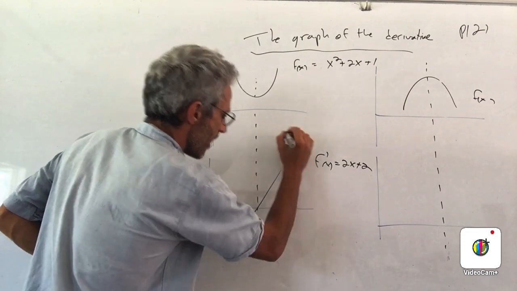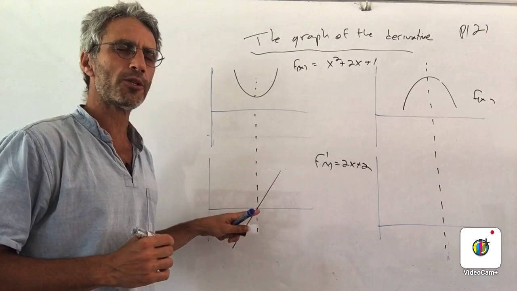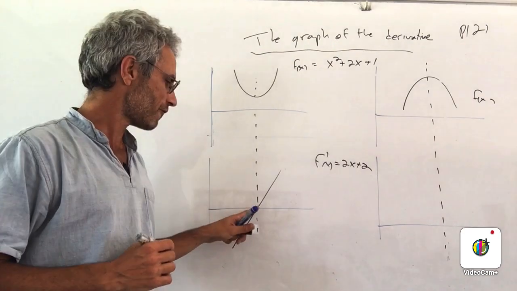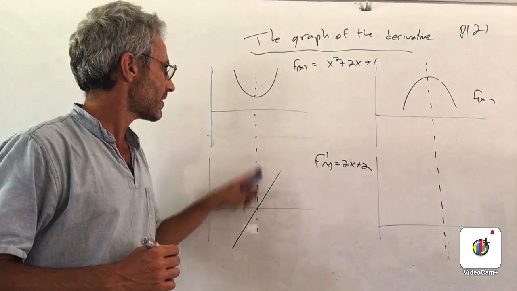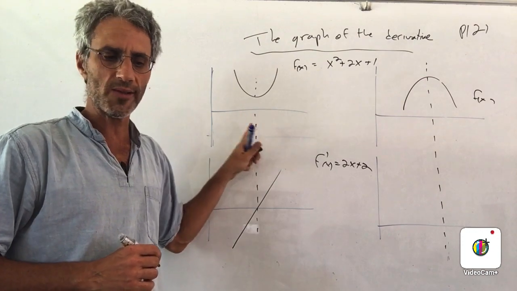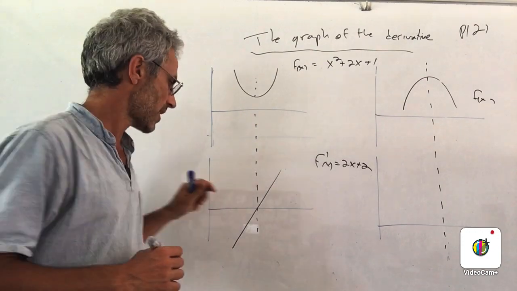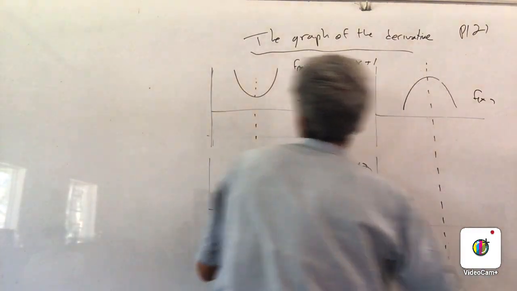And I made this graph cross the x-axis. In other words, the intercept is at exactly the same place as the stationary point. And that's not a coincidence. That's always going to happen. Because what is the gradient here? What's the derivative at this point?